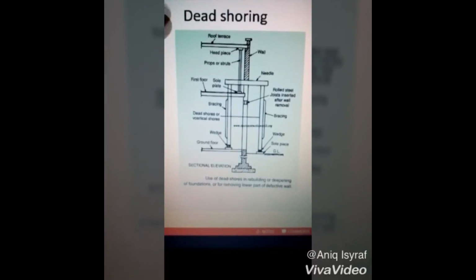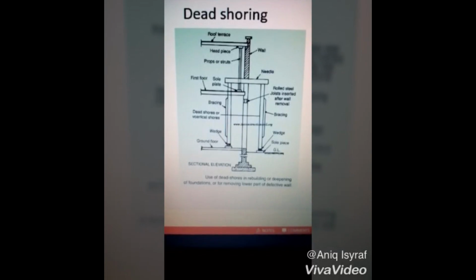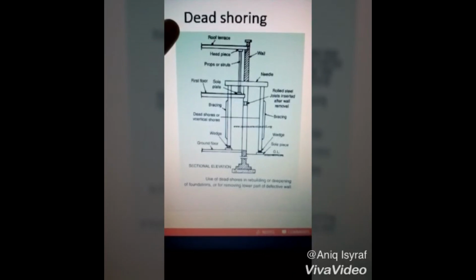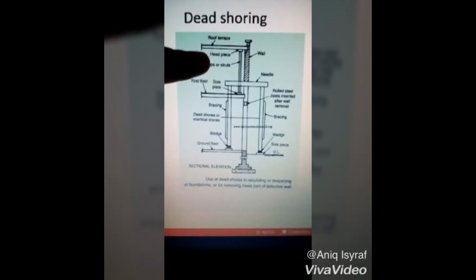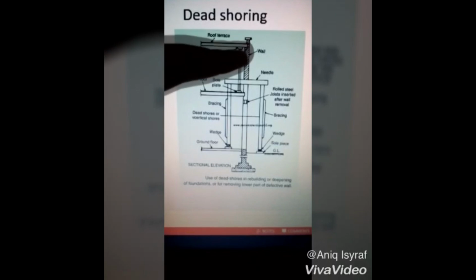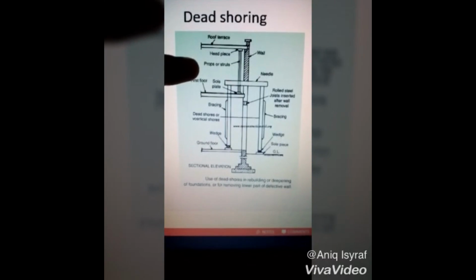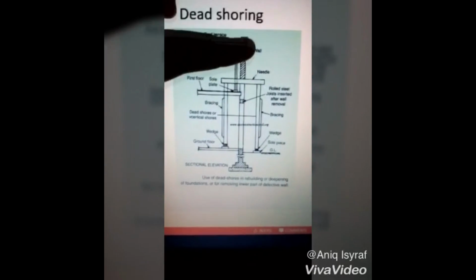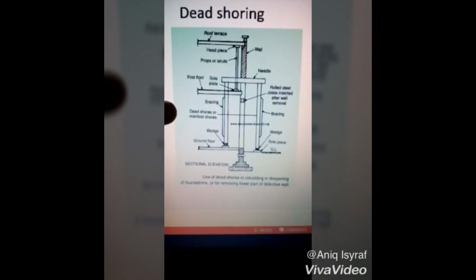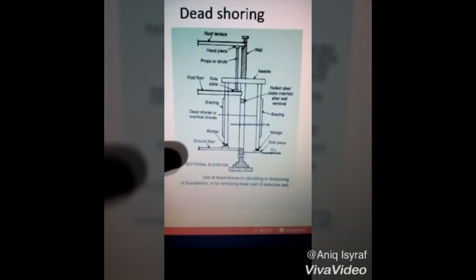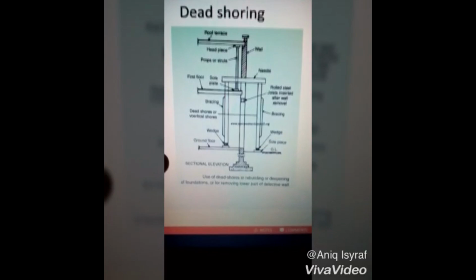Deck shoring. This is one example of the structure of deck shoring. It consists of a head piece here, and a prop and wall piece here. This is called deck shoring.